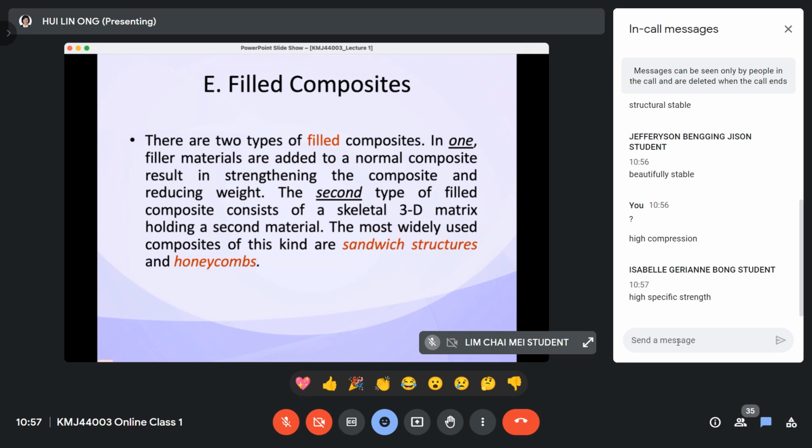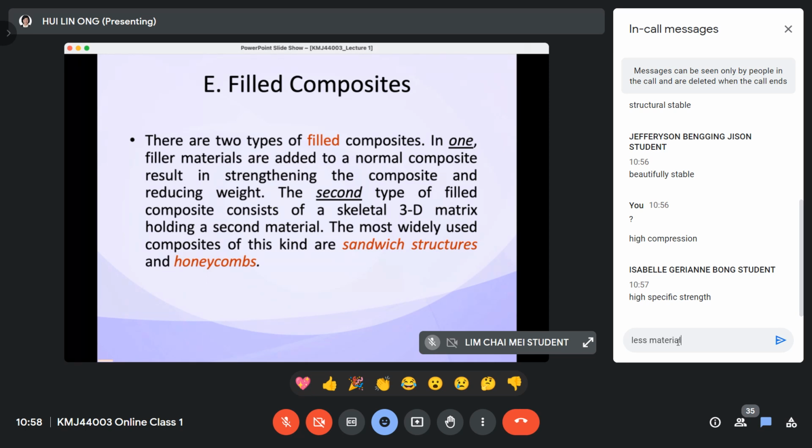Of course the strength is high. You are correct, compression strength is high. The main key thing is this structure. If we design a product in this structure, we do not need to use a lot of material, and it is light, because it is all empty in the middle.